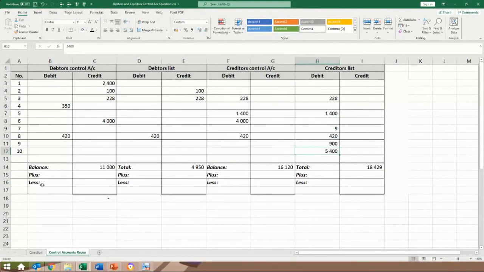If we look just at the debtors control account section, what will we add to the balance? What will we subtract from the balance? What side of our debtors control account increases our debtors? What side decreases our debtors?